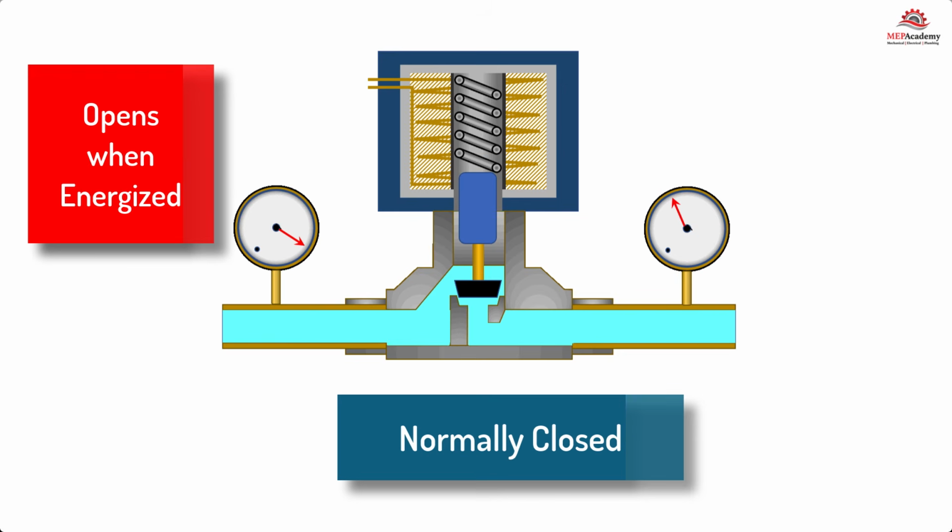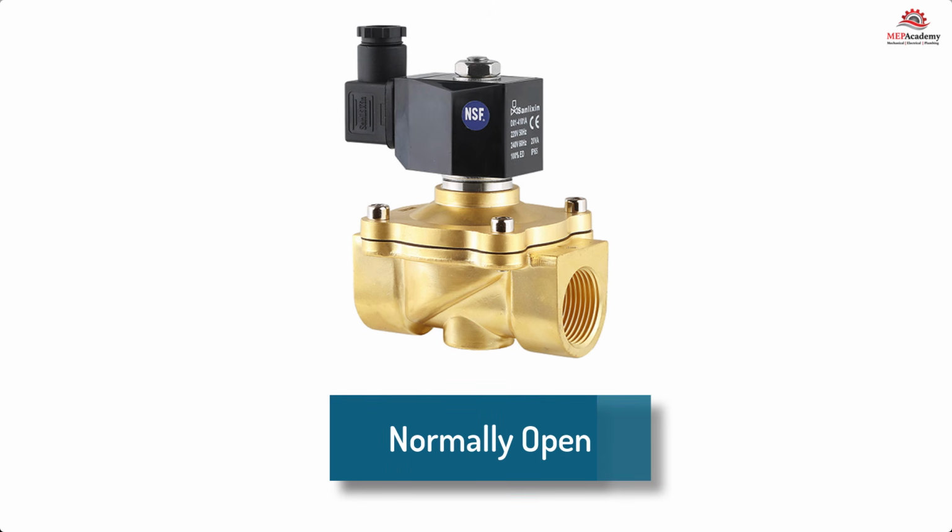When the coil receives power, the magnetic field induces an opposing magnetic charge to the plunger, causing it to be pulled upward into the heart of the magnetic field, opening the valve. When the power is shut off, the magnetic field disappears, allowing the spring to push the plunger downward, closing the valve. Solenoid valve normally open.